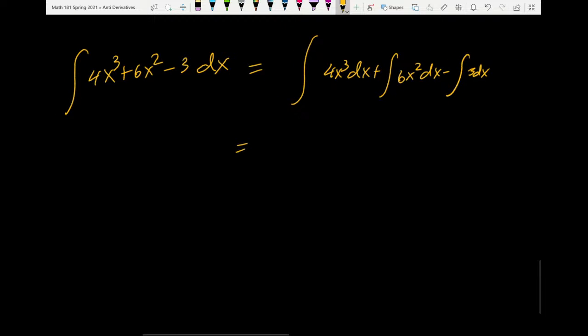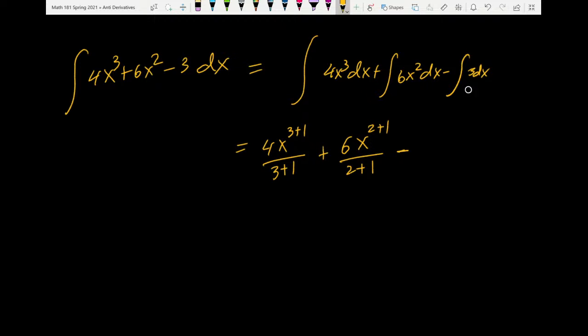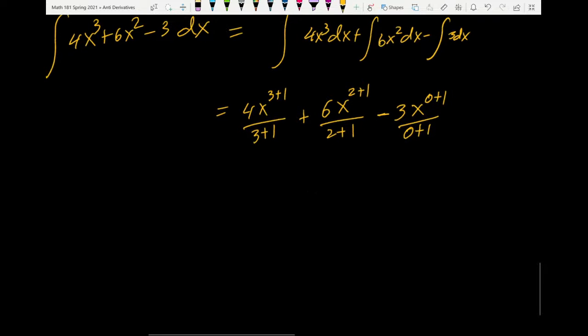And we could use that formula right over here. 4 times x to the 3 plus 1 over 3 plus 1, plus 6x to the 2 plus 1 over 2 plus 1, and minus, and the antiderivative of the constant will be just x, because you have x to the 0 plus 1 over 0 plus 1, and don't forget the c. Now if we simplify it, you get x to the 4th plus 2x to the 3rd minus 3x plus c.